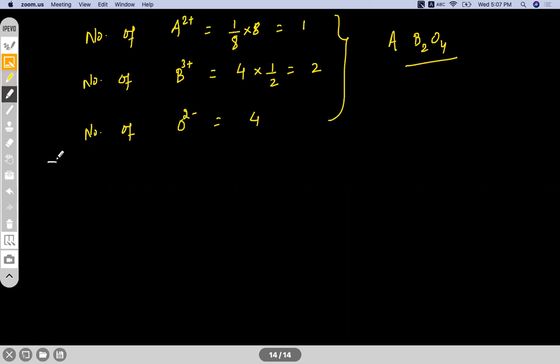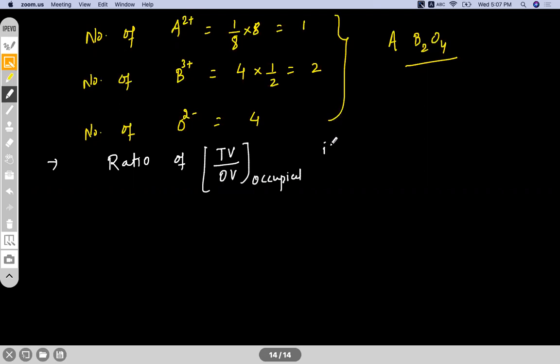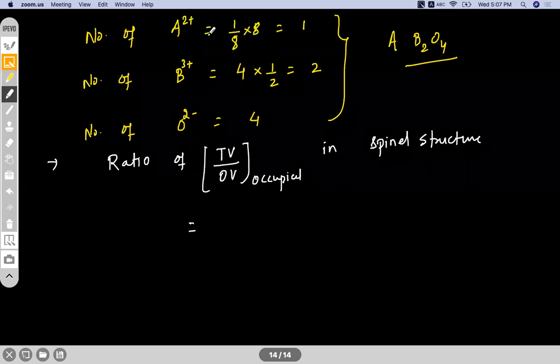If I ask you the ratio of TV divided by OV occupied in spinel structure, which means normal spinel structure, how many tetrahedral voids are occupied? 1, since 1 by 8 of the tetrahedral voids are occupied.